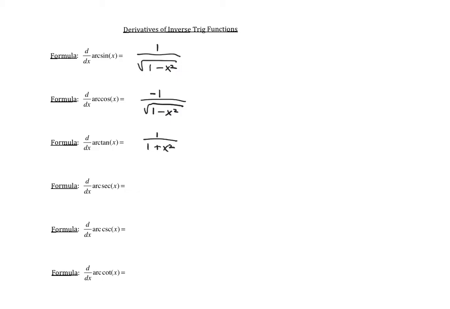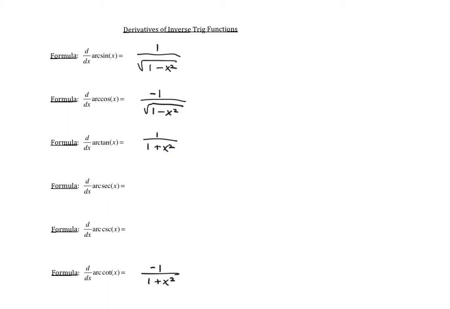And let's jump to the bottom part of this page. The derivative of arc cotangent is going to be negative 1 over 1 plus x squared. So you can see how the derivatives of arc tangent and arc cotangent look very similar. They just differ by a negative, just like the derivative of arc sine and arc cosine differ by a negative.